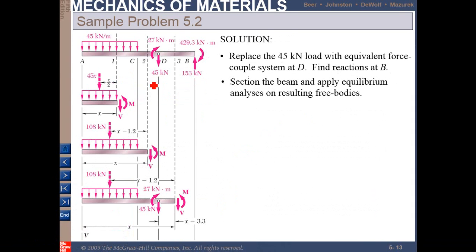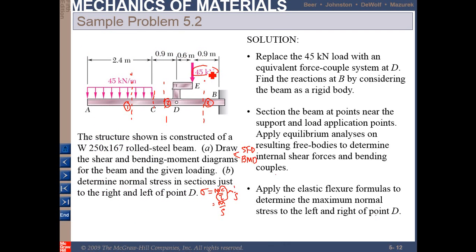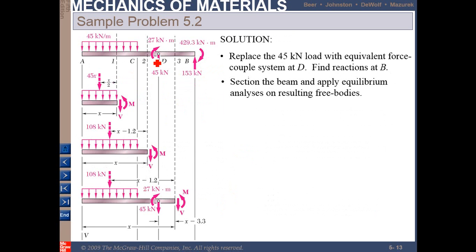Because we already transformed that 45 kilonewton here to point D, it becomes a moment like this, 27 kilonewton meter. Okay, so first we find the internal shear force from A to C, at point 1.